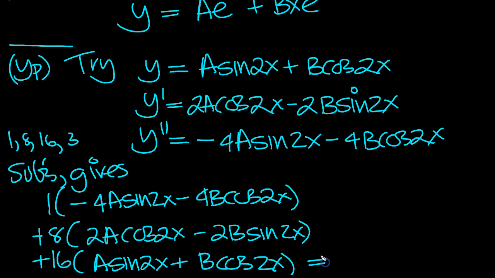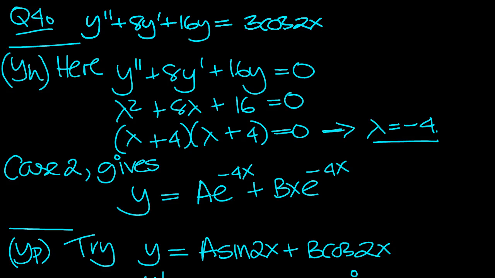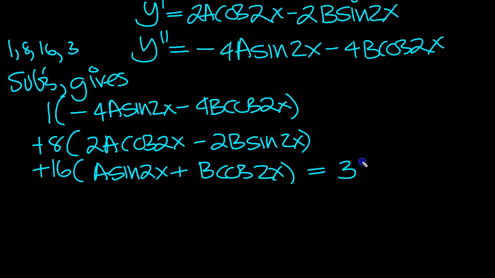There we go. And that was equal to 3, and was it sine or cos? I think it was cos. Cos 2x, yeah, there we are. So 3 cosine 2x.